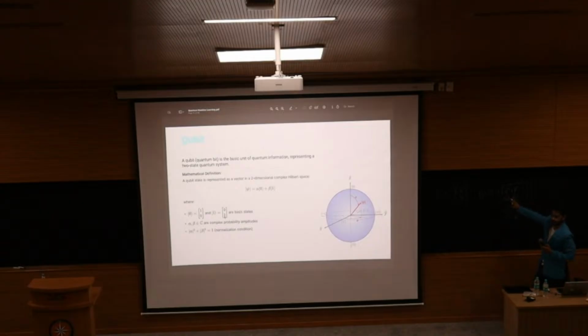I'm deducing this from the equation because there is no relation between p of 0 and beta square, only alpha square and p0 are correlated, and beta square and p1 are correlated. Any doubts here? This is also called the normalization condition. When we have a state vector, first, if it is not normalized, we want to normalize it.